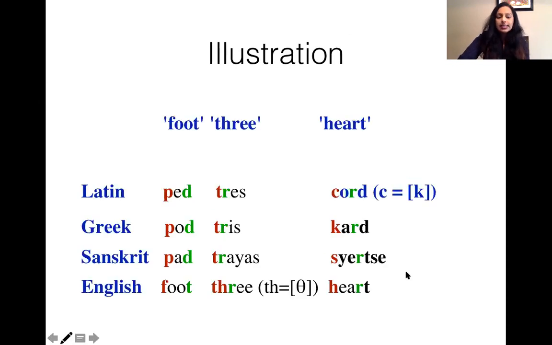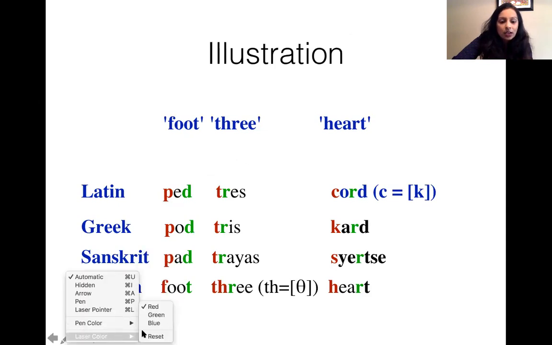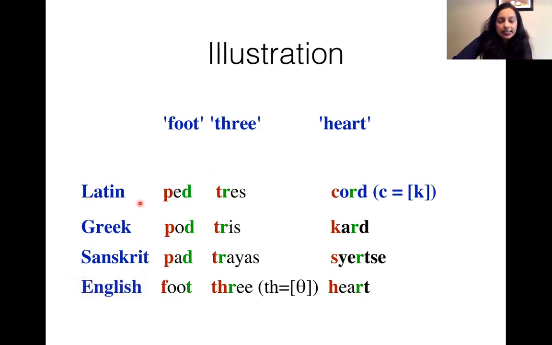Now, it's easy if we look at a concrete illustration and a diagram. So let's look at this illustration, right? This is the word for foot, three, and heart. If you look at Latin, the word for foot is ped, Greek is pod, Sanskrit is pad, and English is foot. So you can see that p goes to f and d goes to t.